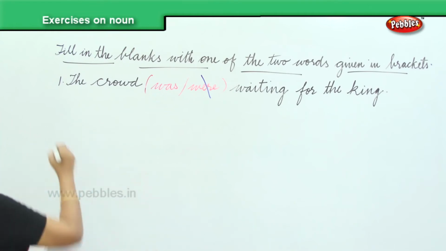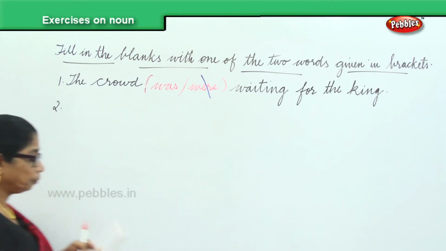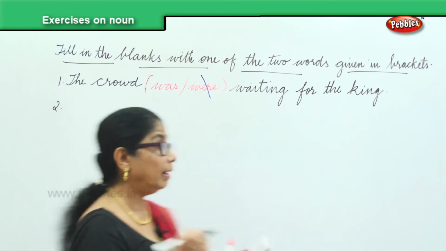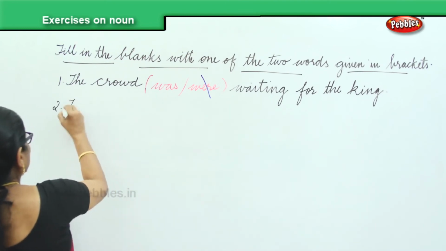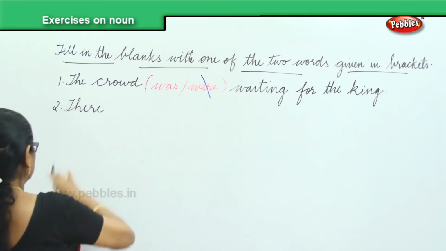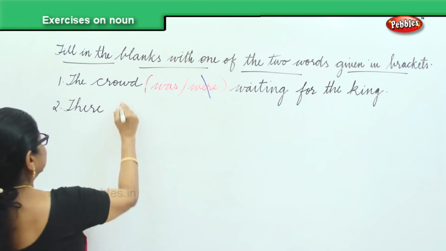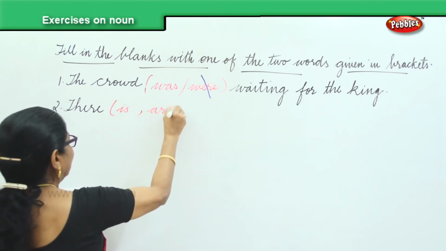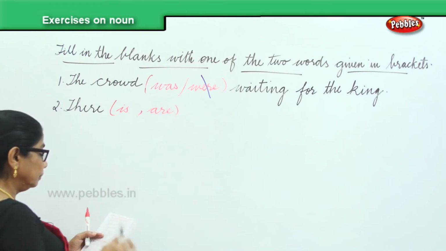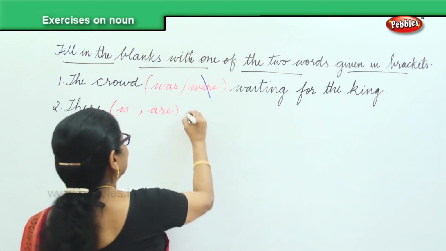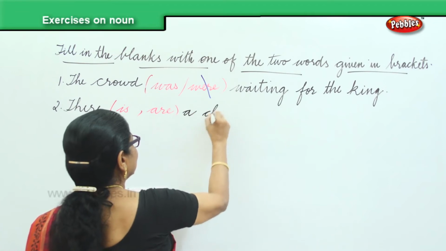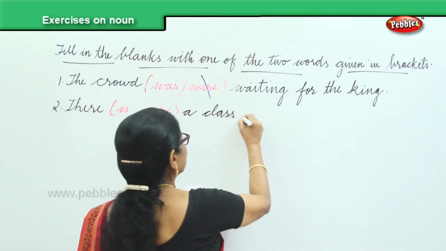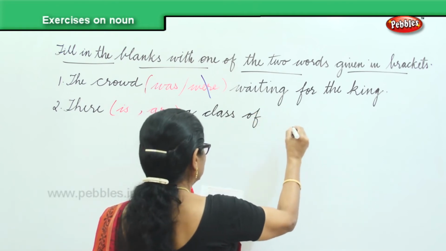The next one we are going to do is there. You have two words here, is, are, a class of students.